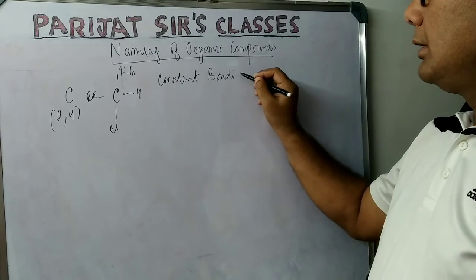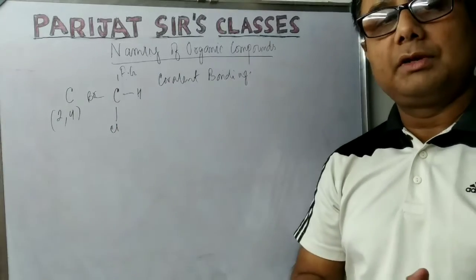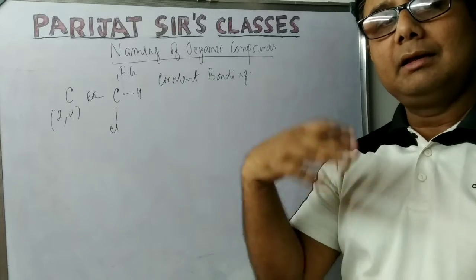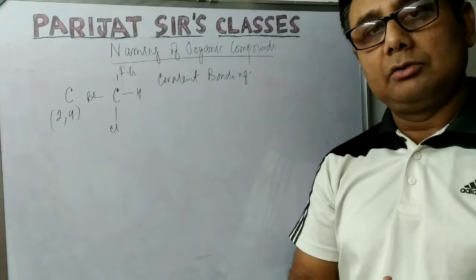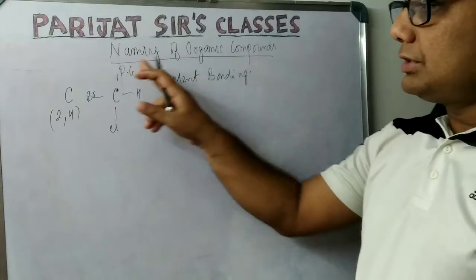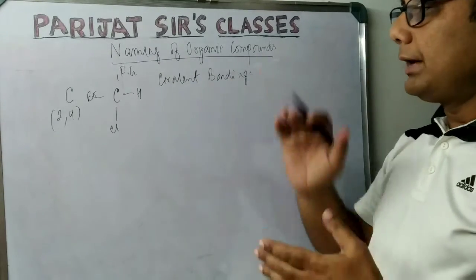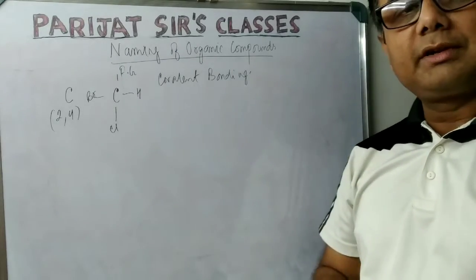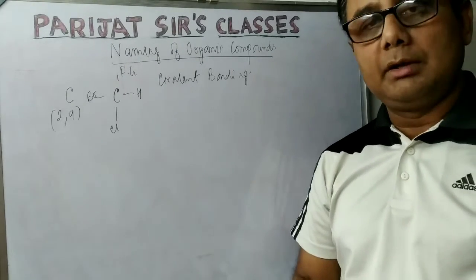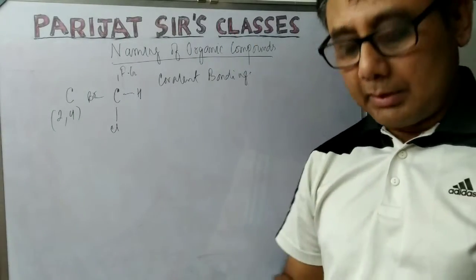It will neither give electrons like metals, nor take electrons like non-metals, but it will share electrons with other elements and form covalent bonds. So today I will show you how to name the carbon compounds.